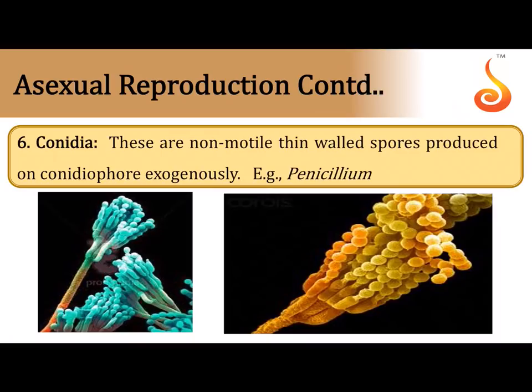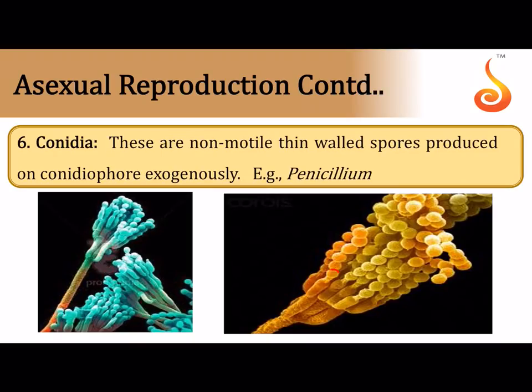Conidia. Conidia are again asexual structures. You can see how there are chains of these spherical, very thin walled structures. Chains and chains of them are produced. They don't have flagella, they are non-motile, they are thin walled, and they are produced on these erect structures which are called conidiophore.